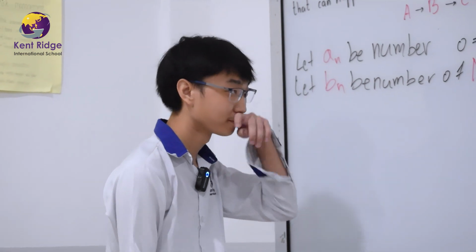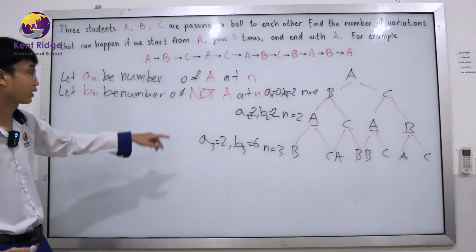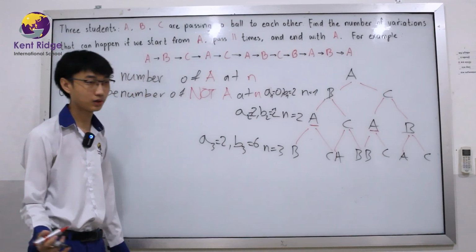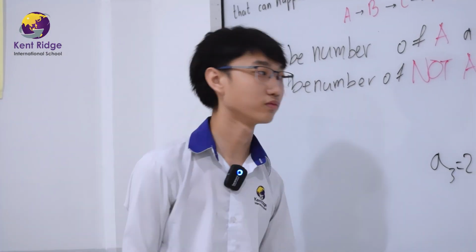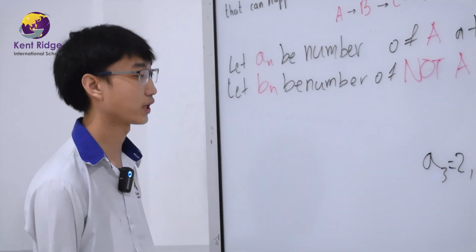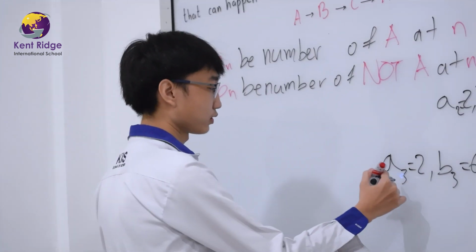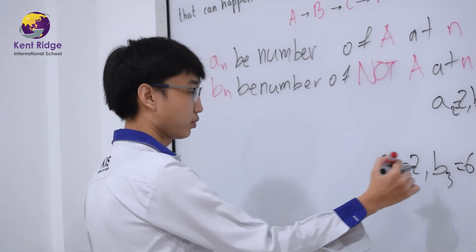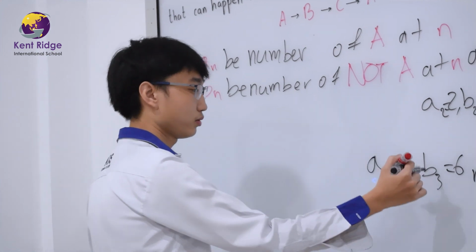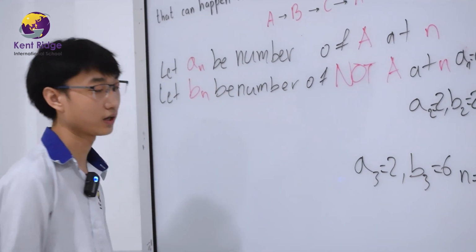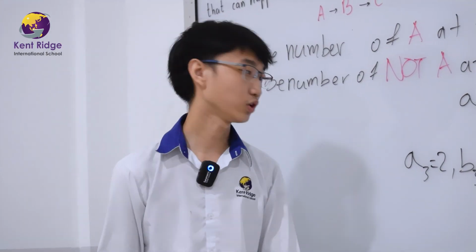Okay. There, looking at this, we can find a few connections that we can make. So, for example, if you add A n plus B n. So for example, A3 plus B3, you're going to end up with a power of 2.